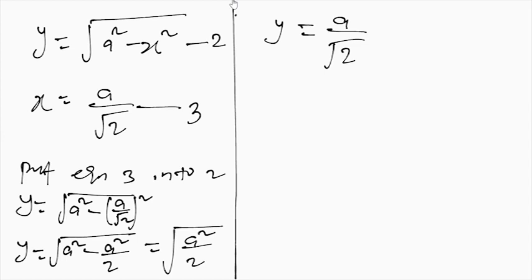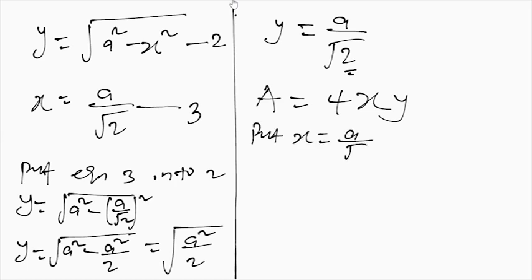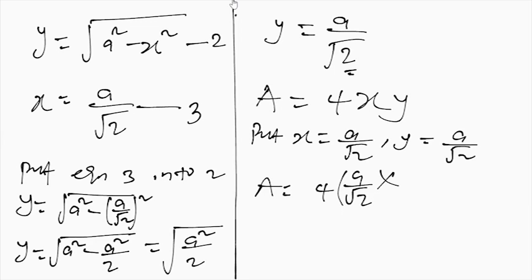And don't forget, at the beginning we said the area of the greatest rectangle is actually 4xy. So now that x is a over root 2 and y is a over root 2, let's substitute those values here. Then we have A equals 4 multiplied by a over root 2 multiplied by a over root 2.